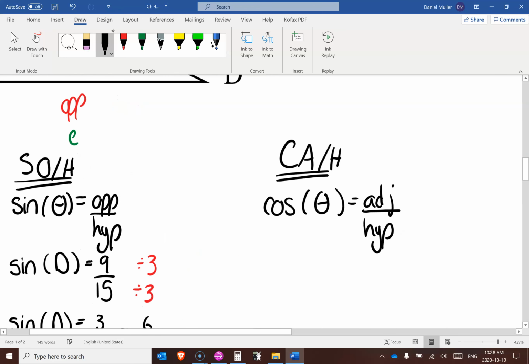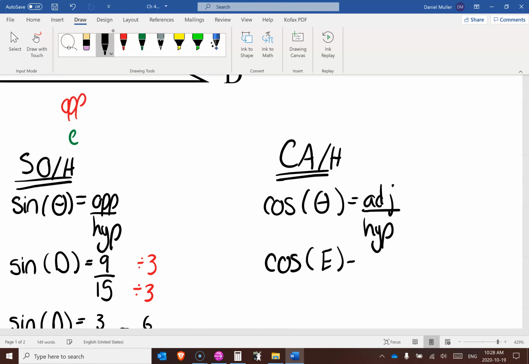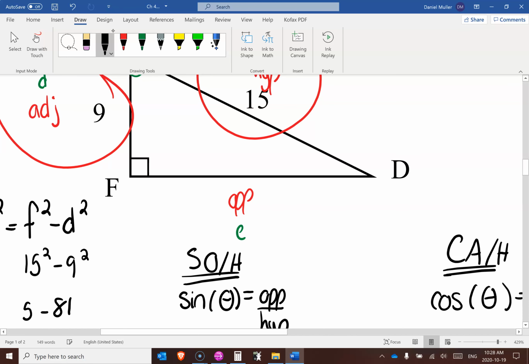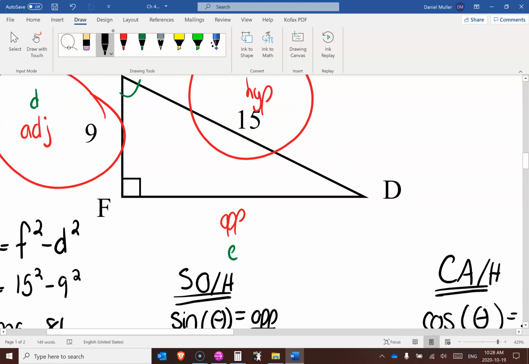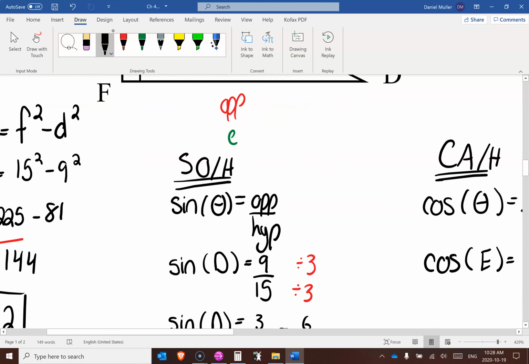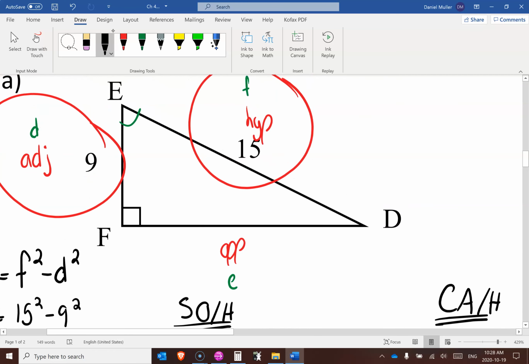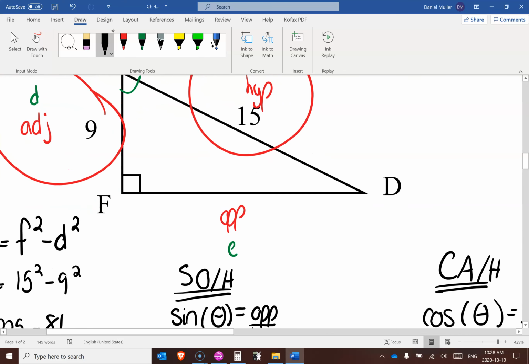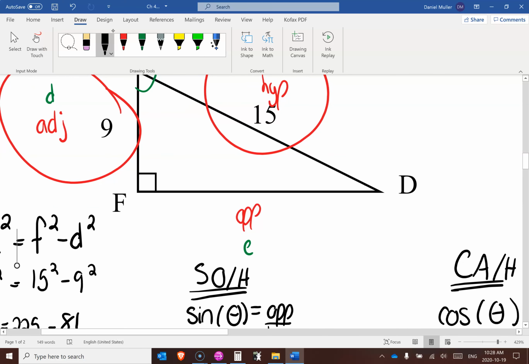Now the angle I don't know. That's the whole point. I'm trying to find that. So what letter is that? I think that's E. Yeah, that's E. Equals adjacent, which is 9, over 15.